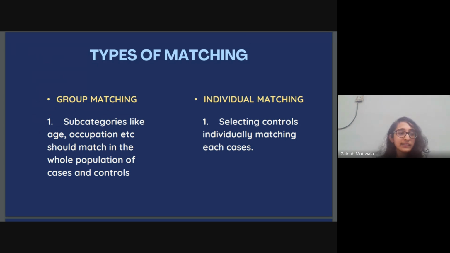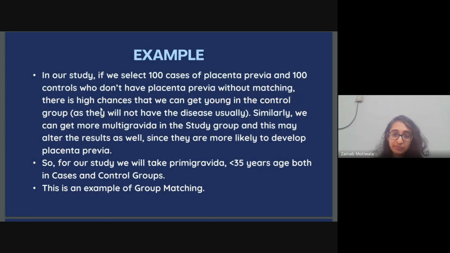For example, in this case, we might match individuals with similar immunities or those with stronger immunities, but those don't really have any impact on placenta previa. So individual matching, or overmatching in this case, does not really affect the outcome, and it is less feasible as compared to group matching.